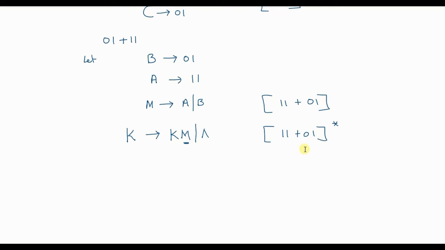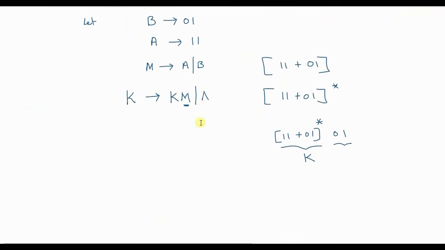Now the regular expression that we require contains 1, 1 or 0, 1 raised to star as the first part, followed with 0, 1. Which non-terminal is going to give you 1, 1 or 0, 1 raised to star? It is non-terminal K. Which non-terminal is going to give you the 0, 1 string? It is C. Correct?